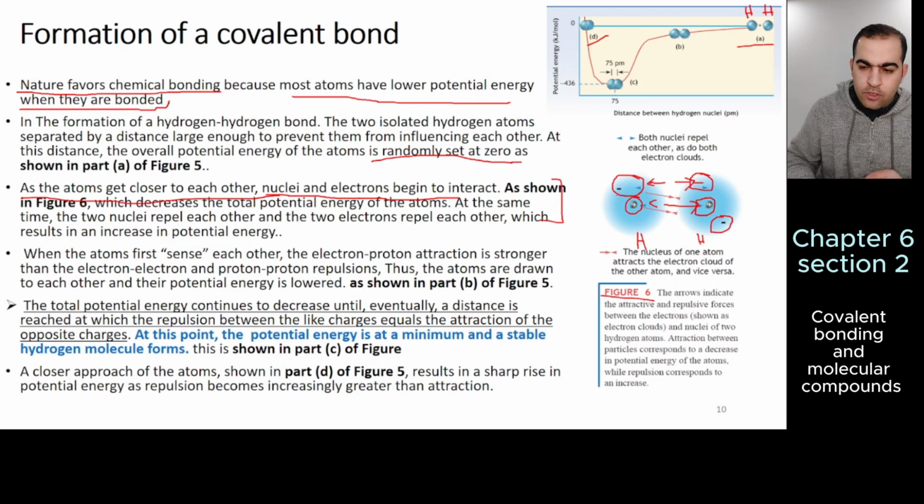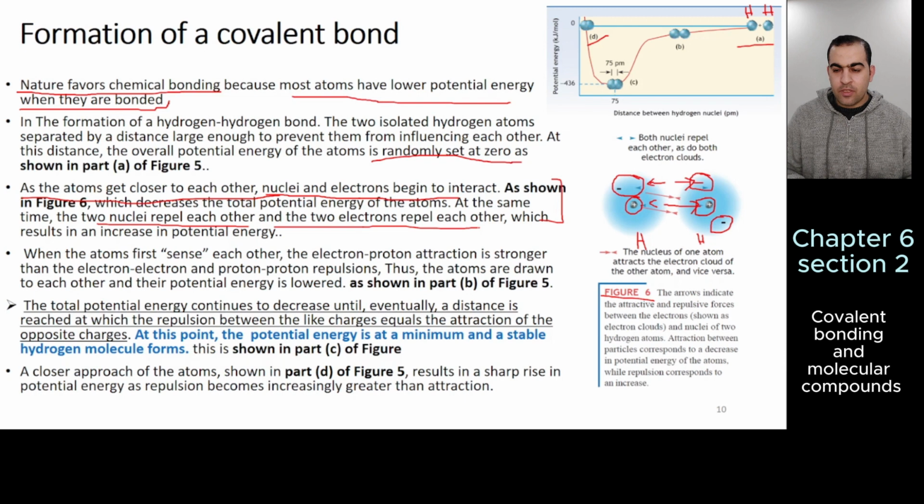Okay? So what happens? When atoms attract each other, their potential energy decreases. Attraction causes atoms to decrease their potential energy. What about repulsion? At the same time, two nuclei repel each other, as we said. Two electrons also repel each other because each hydrogen has one electron.